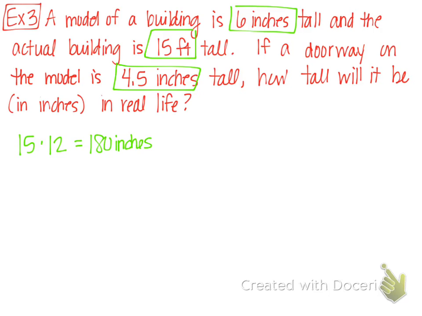So we're going to create a proportion. We've got to have a ratio. So we're going to have the model over the real. That's how we're going to set it up. So for what we do know, the model is 6 inches tall and the real is 180. So now we are looking for how tall the door is in real life, because the real's on the bottom, but we know that it's 4.5 inches tall on the model. So here is our proportion.